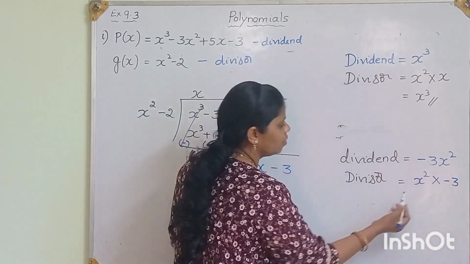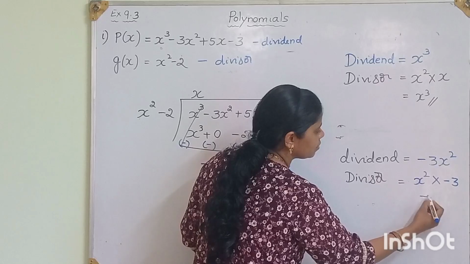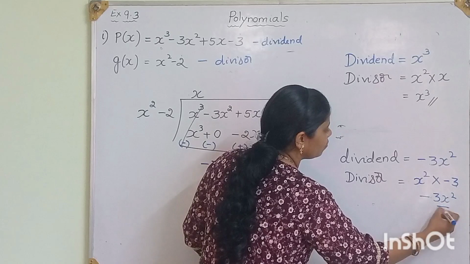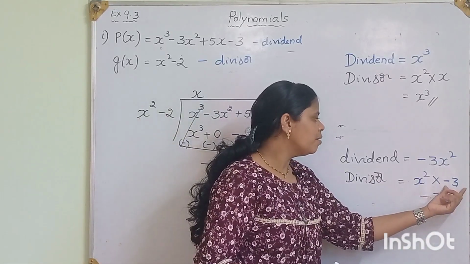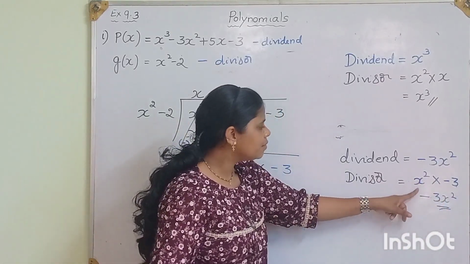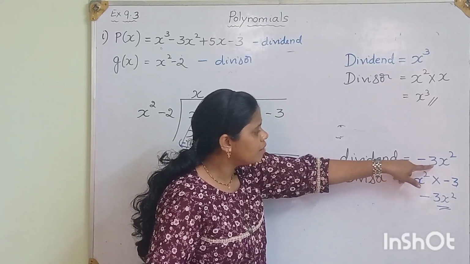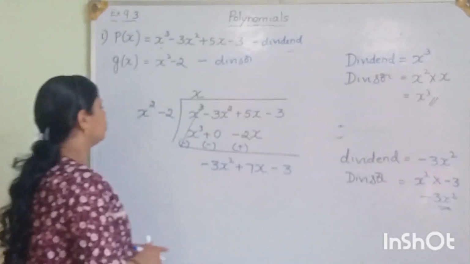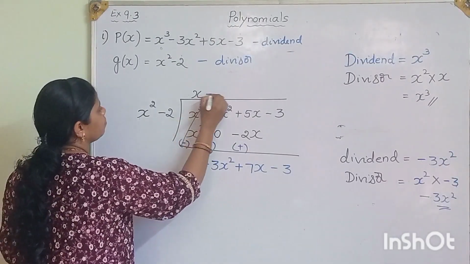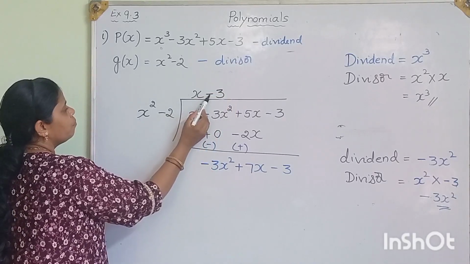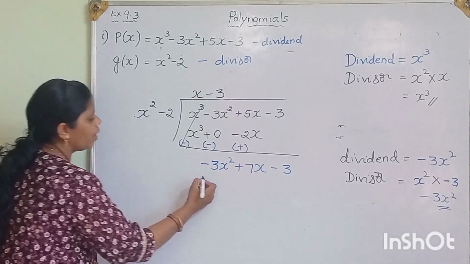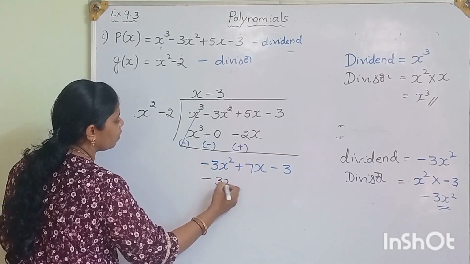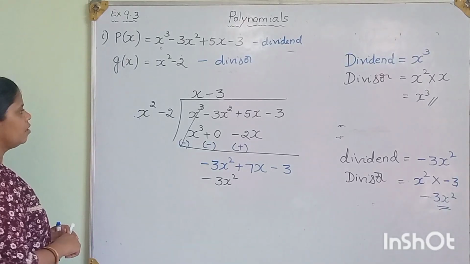Now look at this. Minus into plus is minus. X square into 3 is 3x square. When we multiply minus 3 to this divisor, we will get this as the answer.